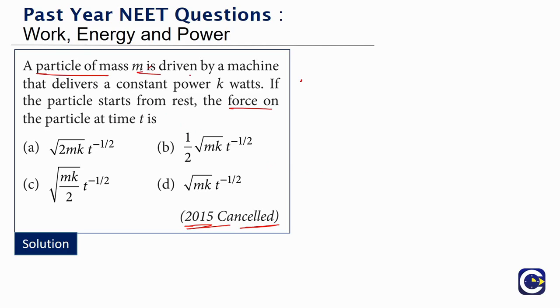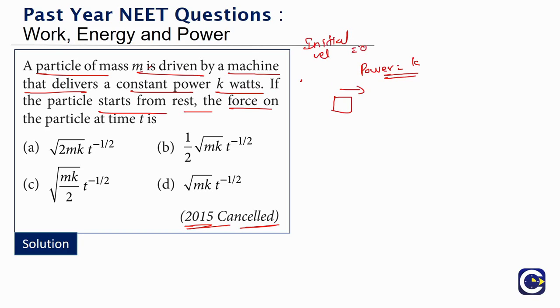A particle of mass m is driven by a machine that delivers constant power k watt. So here the mass m is driven by a machine which is delivering constant power. Power is constant. If the particle is starting from rest, means initial velocity is 0, and it will move in the direction of the force.